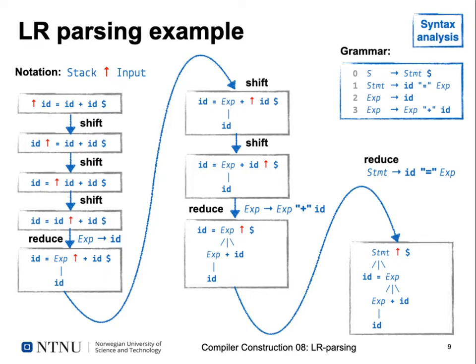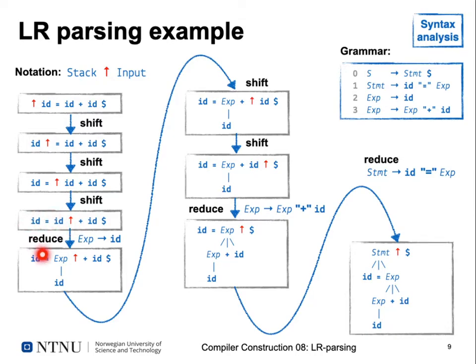So the first thing we need to do is to get one of the input tokens. So we shift by one position here, and the next thing we do is we shift by another position, and then we shift once again, so our input pointer is after the second ID in our input token string.